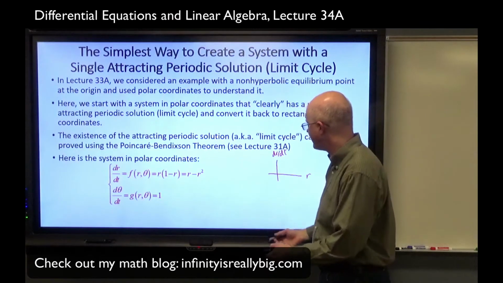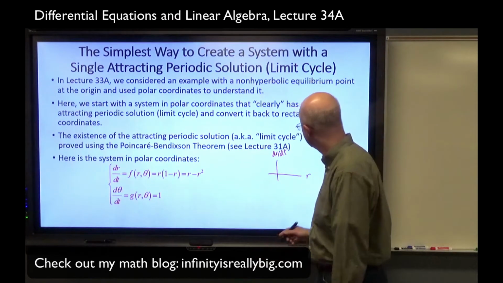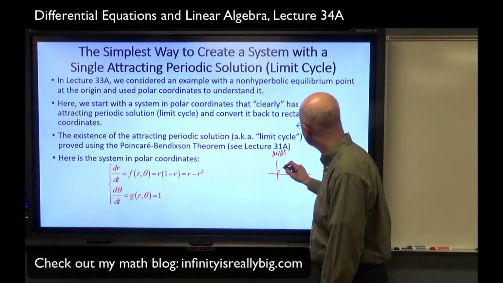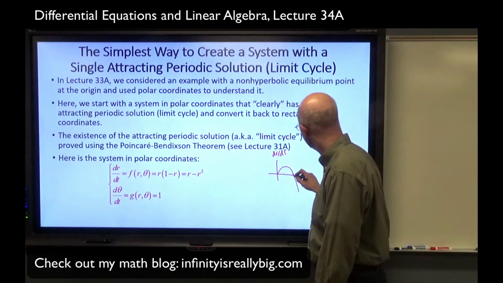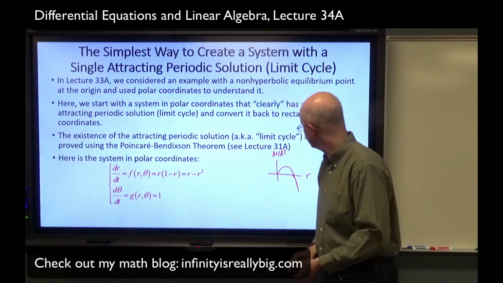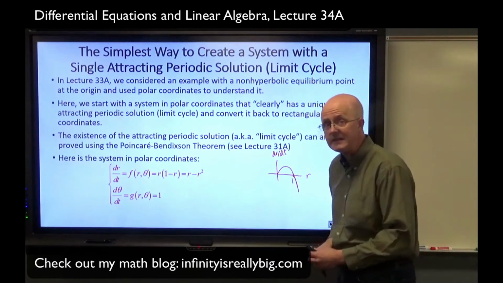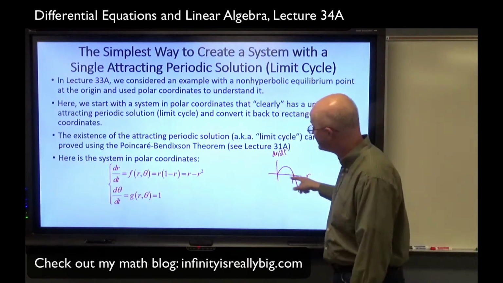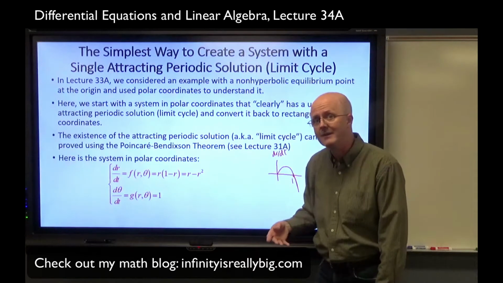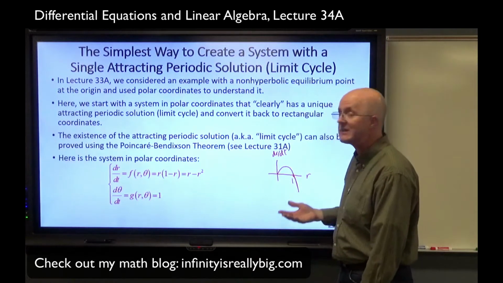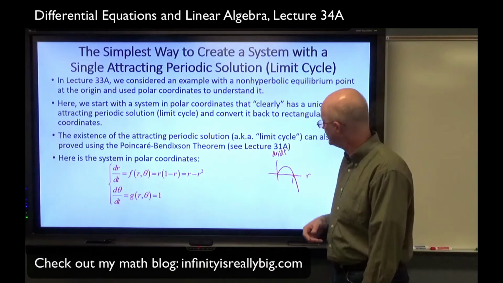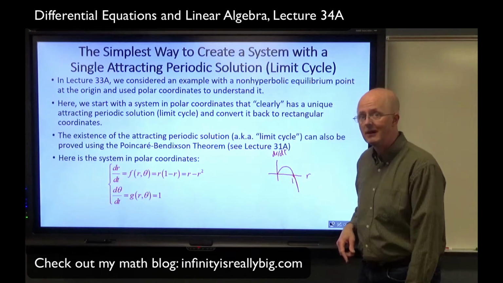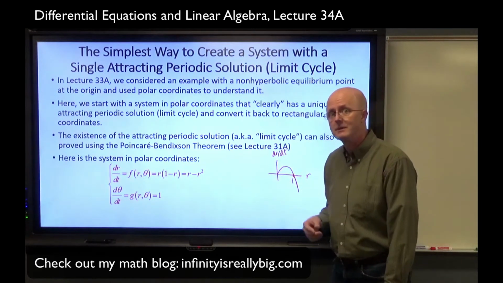That's a graph that's an upside down parabola with intercepts at r equals 0 and r equals 1. It's going to look like this. In other words, dr/dt, the rate of change of the radial coordinate with respect to time, is positive when r is between 0 and 1. r is increasing, the point is moving further away from the origin, and negative when r is bigger than 1. dr/dt is negative, the point is moving closer to the origin.